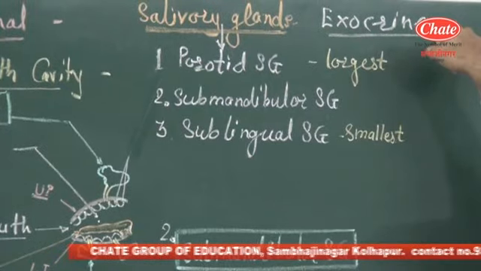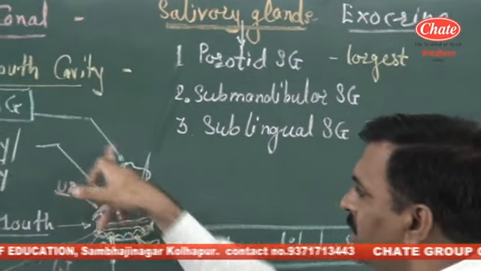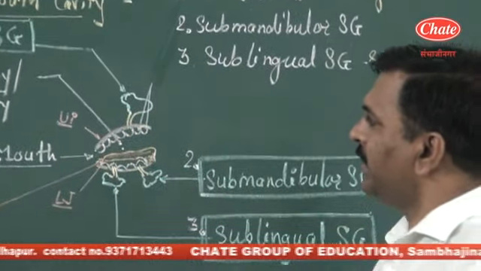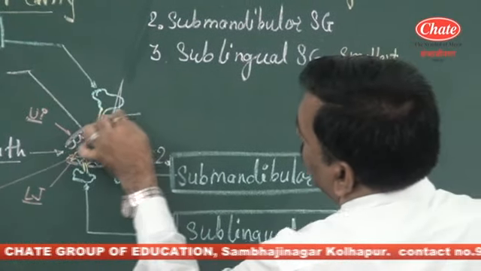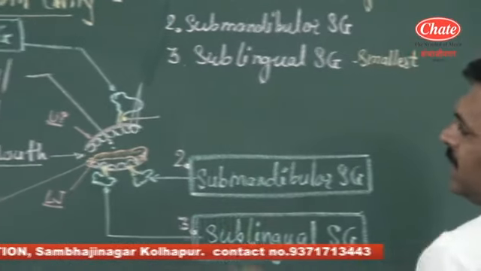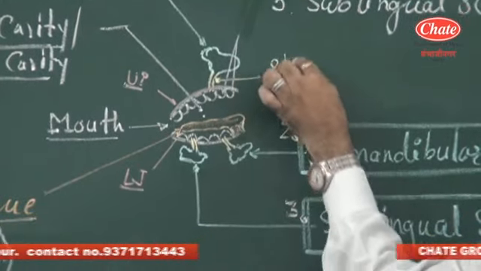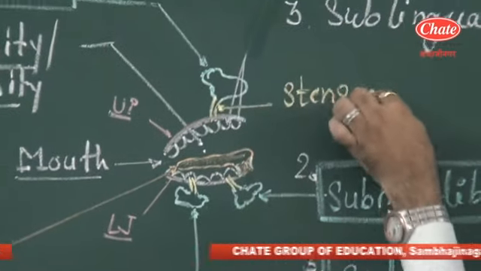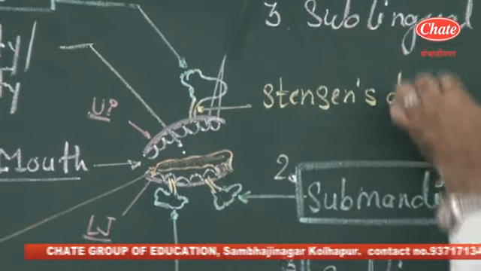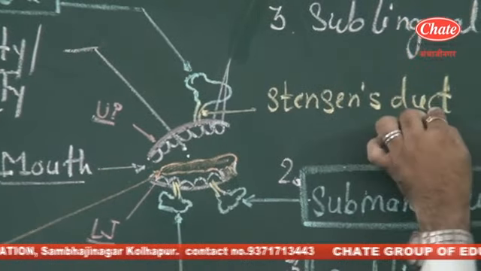It is exocrine in nature, due to which it discharges its secretion along with the duct. So the duct associated with the parotid gland is termed Stenson's duct.